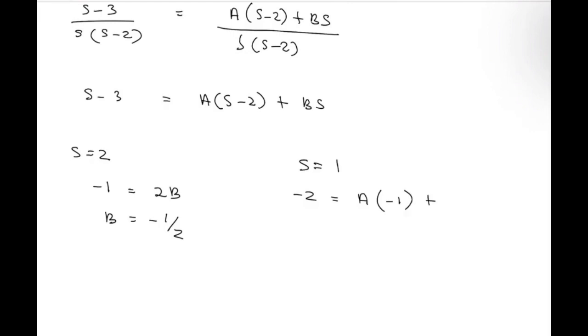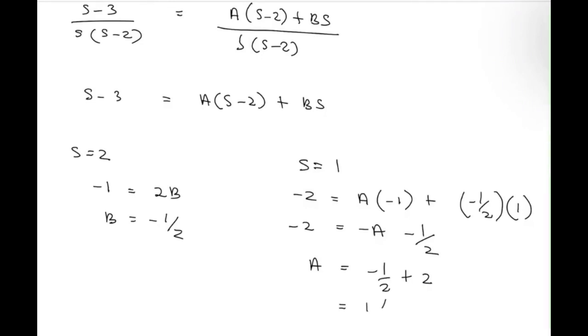B is minus 1 over 2. S is 1. So we will have minus 2 equals minus A minus 1 over 2. So minus A, so A will be minus 1 over 2 plus 2, so 1 over 2.